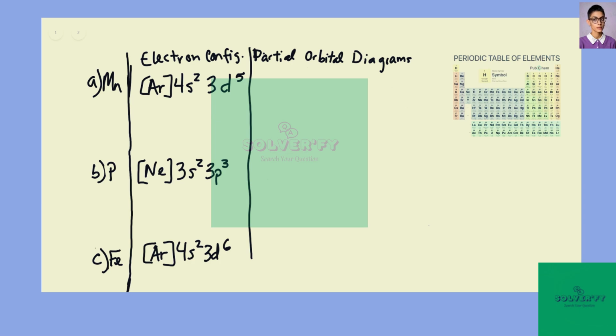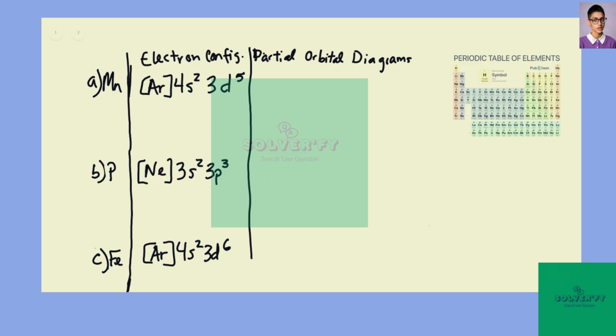And the reason the electron configuration is nice is because the electrons that you have to use are going to be all of the electrons we've listed outside of the brackets.